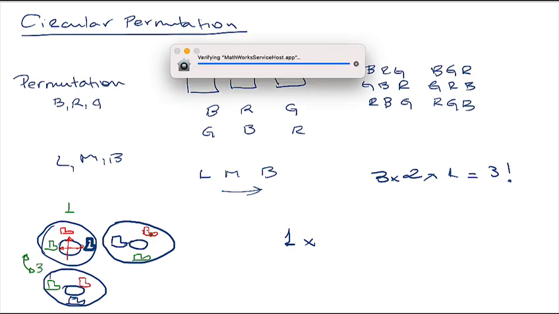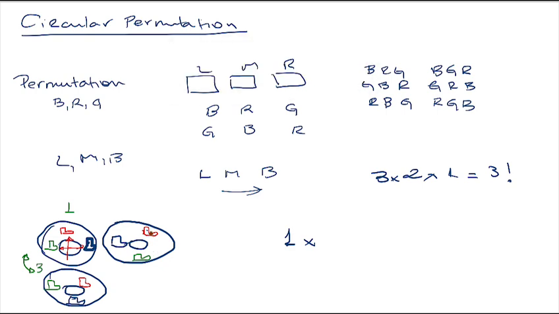Second position, let's say to the left. To the left, I have 2 options. I can put blue or green. So I have 2 options. And then let's say I chose blue. Obviously, the third position, which is the one to the right of the red boot, will be left with only 1 option.